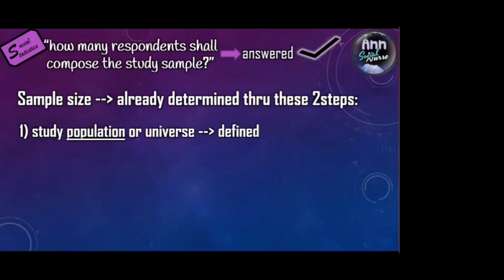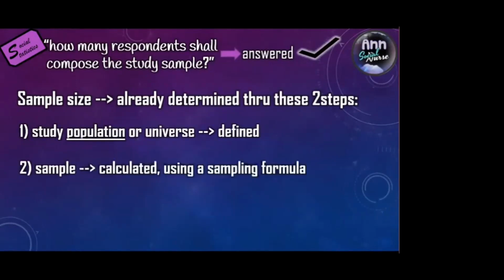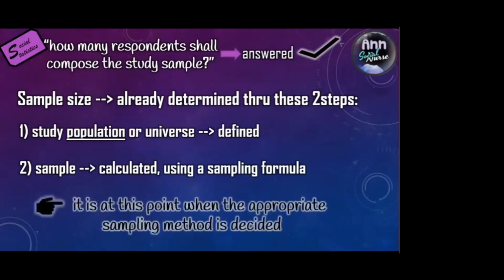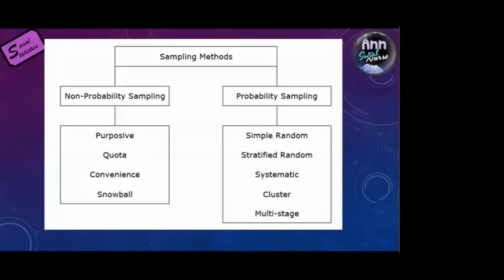First, the study population or universe you already have defined, and the sample calculated already using a sampling formula. It is at this point when the appropriate sampling method is decided.